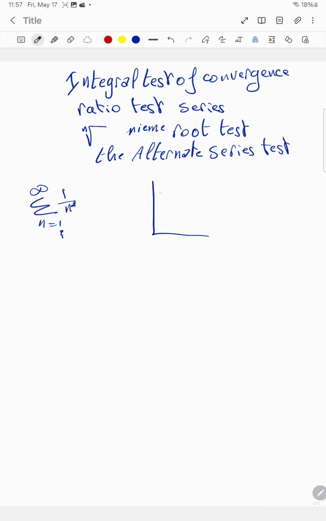If I draw it, it's asymptotic to 0, and it continues till infinity. As long as n is greater than 1, this series is continuous, and n squared is always positive. 1 over a positive number is always positive.